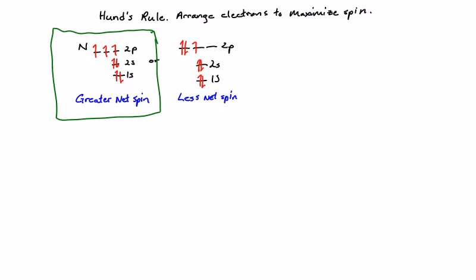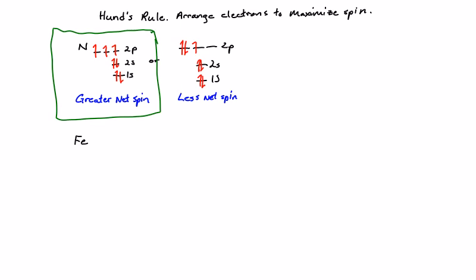Which brings us to one final point here, and that is the idea of magnetism in terms of paramagnetism or diamagnetism. So let's consider for a second iron. We've already talked about iron.